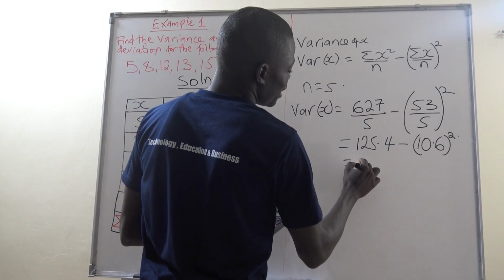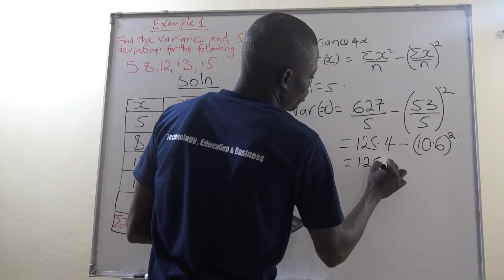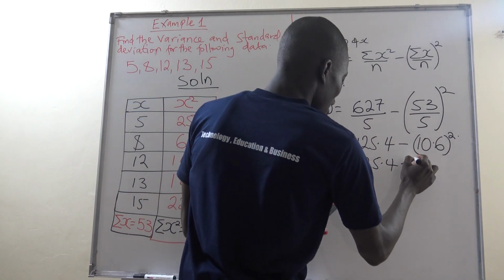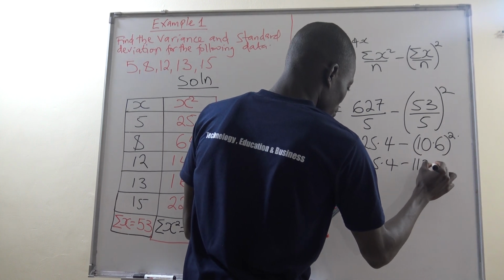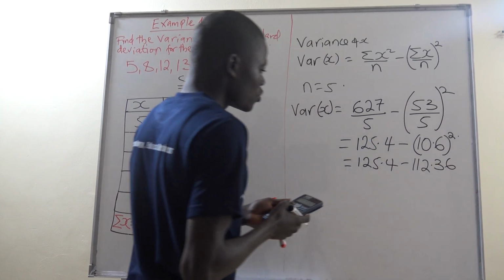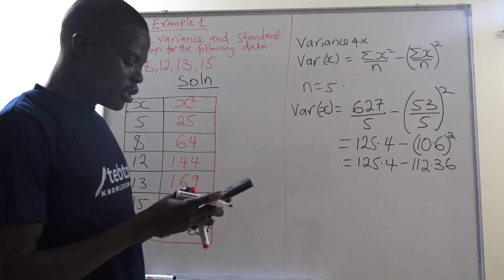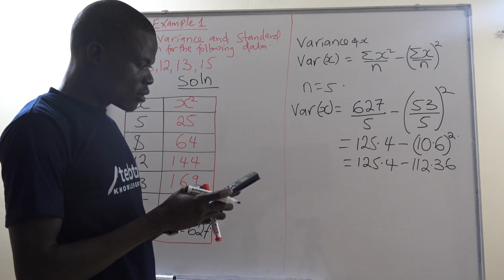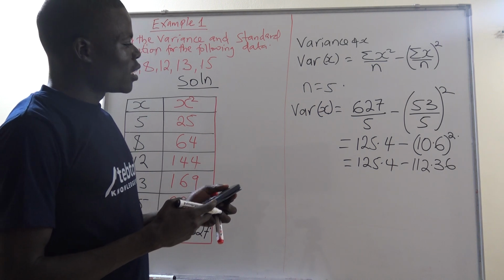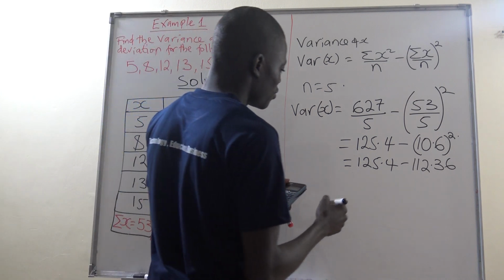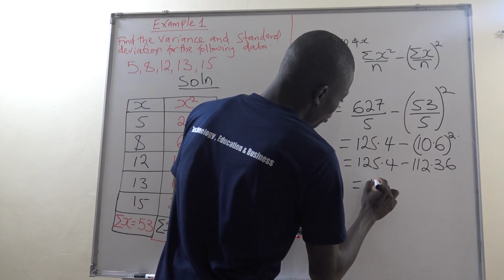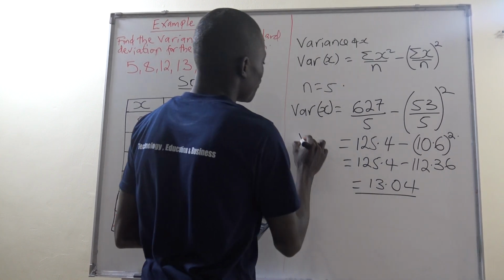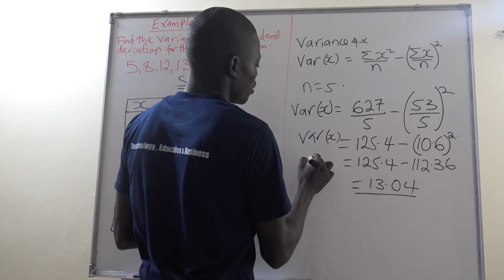So here we shall have variance as 125.4 minus 10.6 squared, which is 112.36. So we have 125.4 minus 112.36, and our answer becomes 13.04. This is our var x.